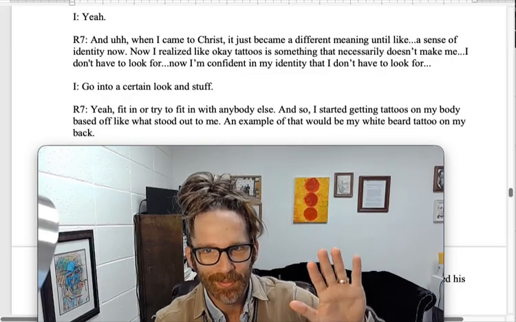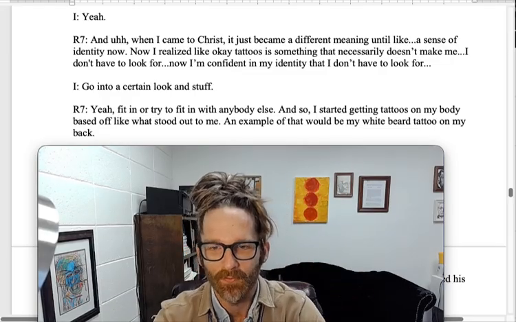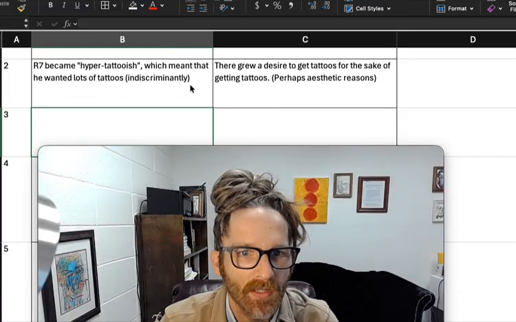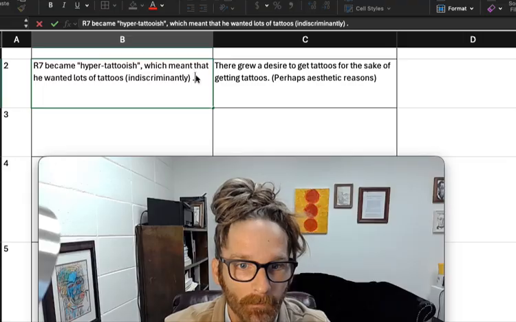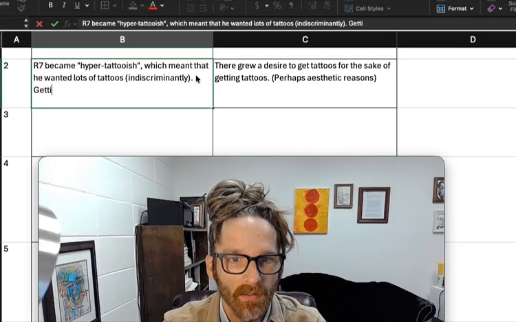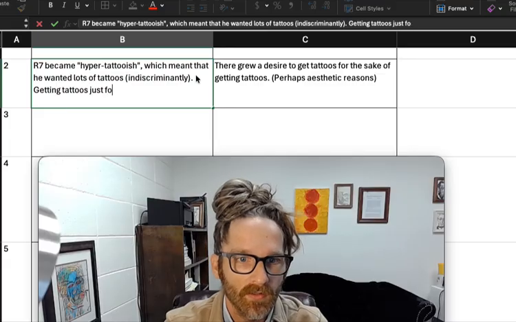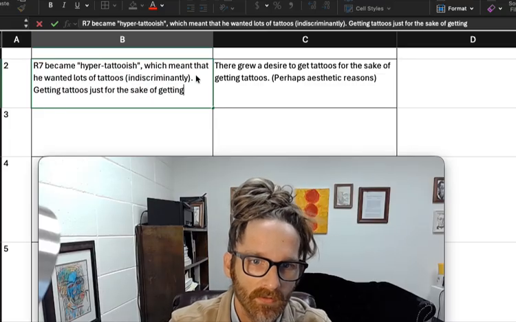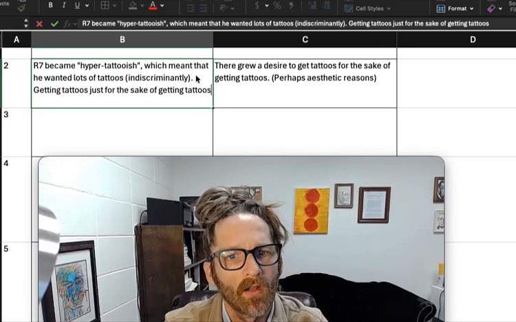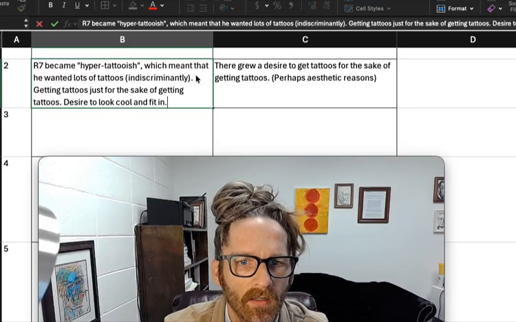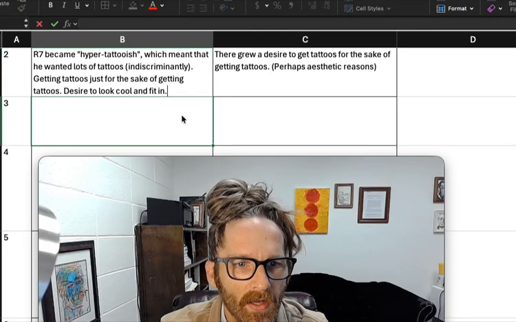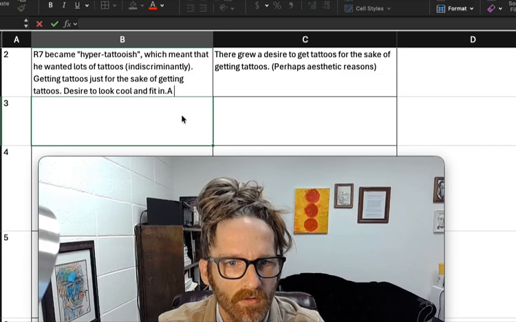Notice we've got two meaning units that kind of shift back and forth. So there was this hyper-tattooish, there was more that was added to it, and so he actually said getting tattoos just for the sake of getting tattoos, a desire to look cool and fit in, and then a shift.